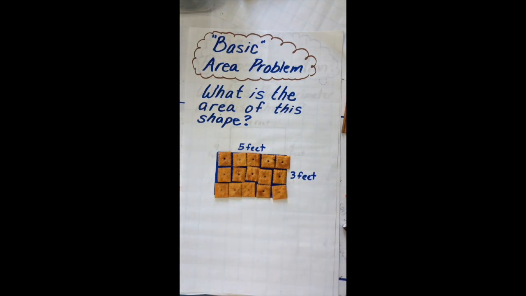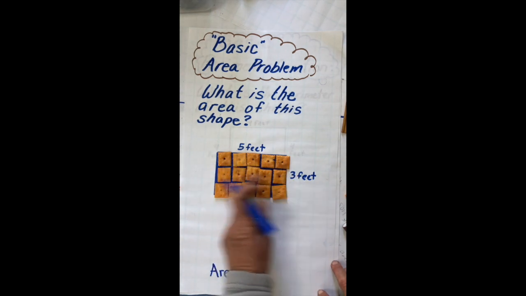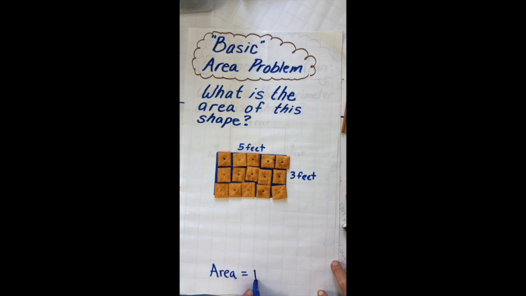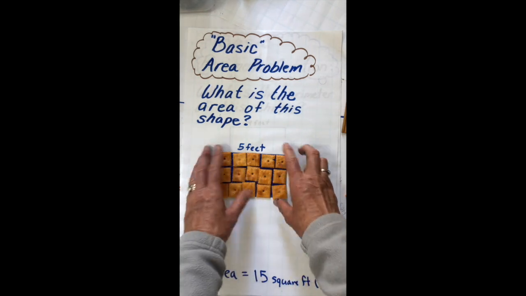And then if I was going to solve that, I would say area is equal to, it looks like 5, 10, 15 square feet, or feet squared. Okay, so that was one way, counting the squares.